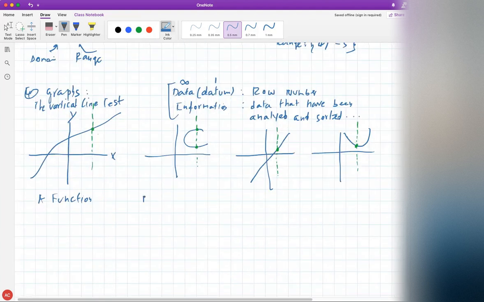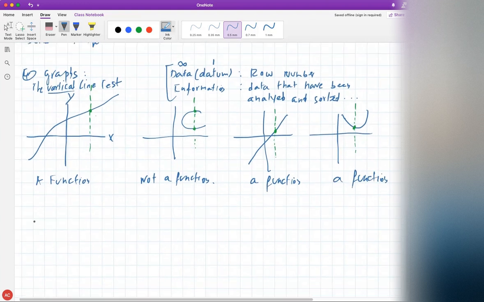This is not a function, simply because the vertical, again, it has to be vertical. It cannot be this way. It has to be a vertical line. Not a function. This one obviously is. It's a function. That's right. It's a function here. And finally, also once. It's a function.